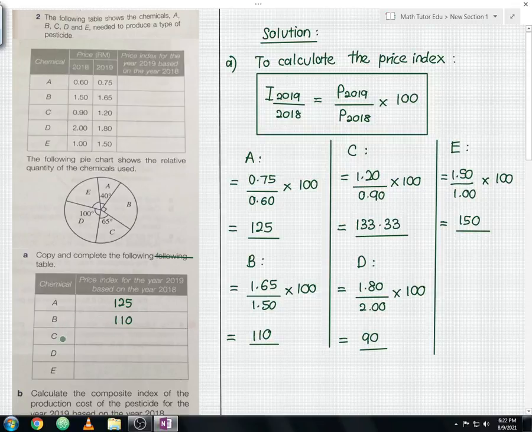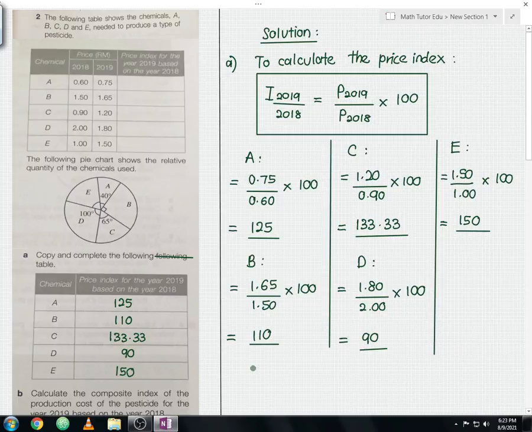Continue with chemical C, you have 133.33, and then chemical D, your price index is 90. And the last, for chemical E, your price index is 150.